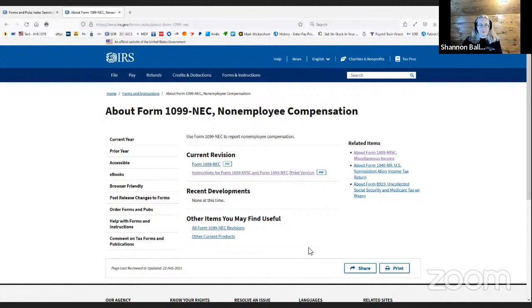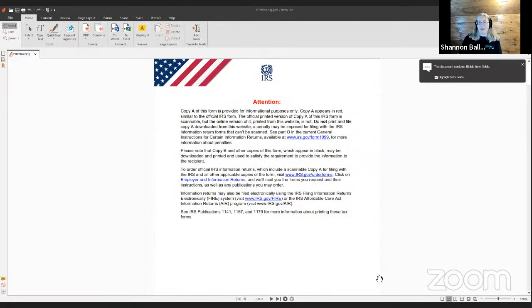So what I am going to do now is stop sharing my screen and open up the PDF, because I shared my screen differently so that you couldn't see everything. All right. Now we're on the 1099 NEC.